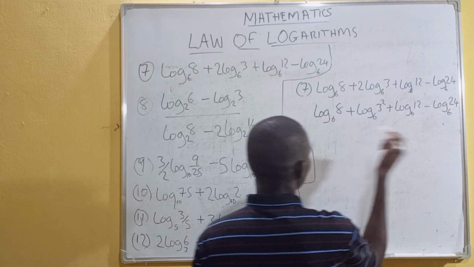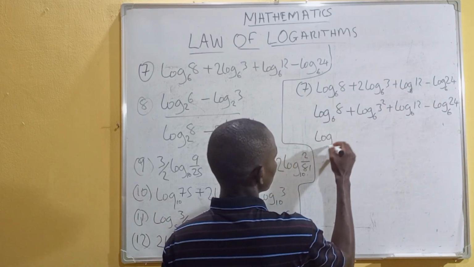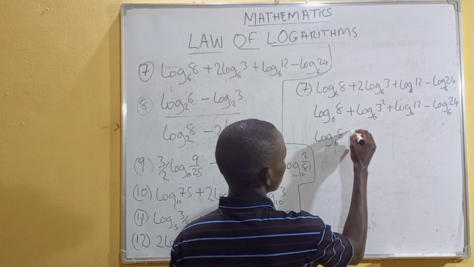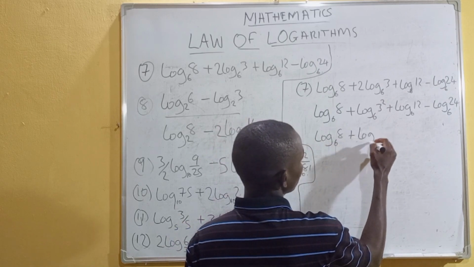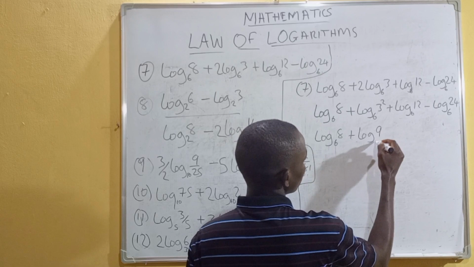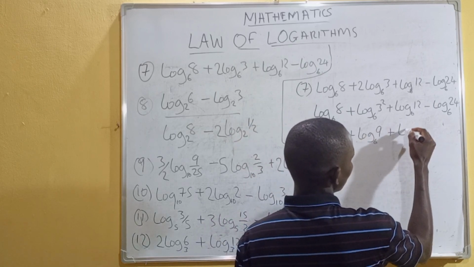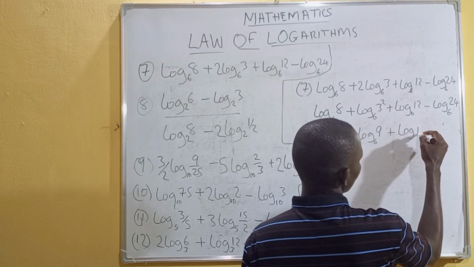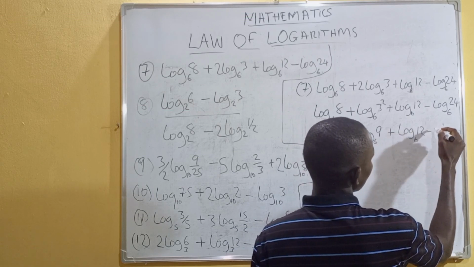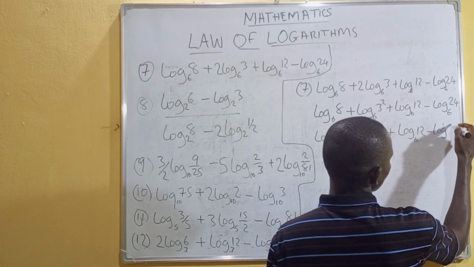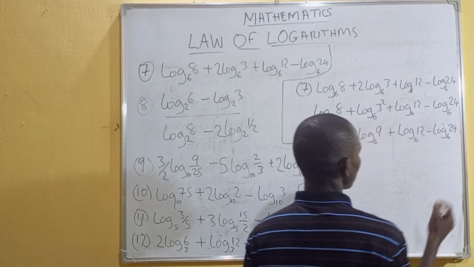24 of 6. This will now be log 8 of 6 plus log 3 square will now be 9 of the 6 plus log 12 of the 6 minus log 24 of the 6.